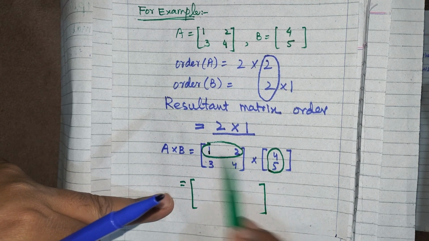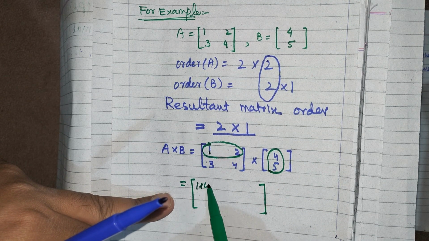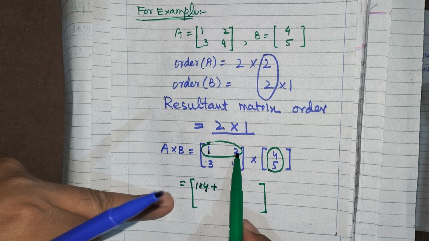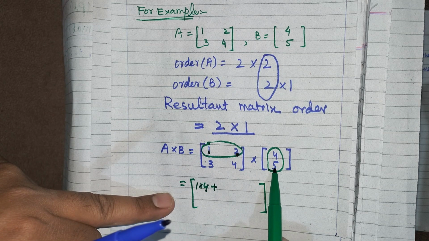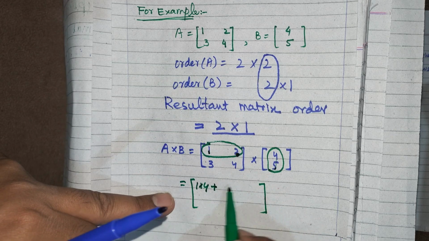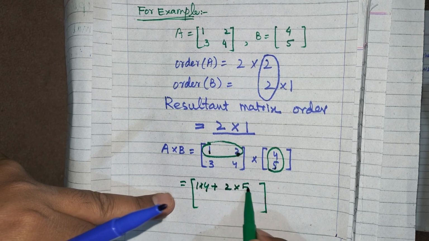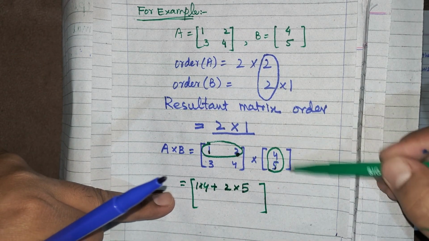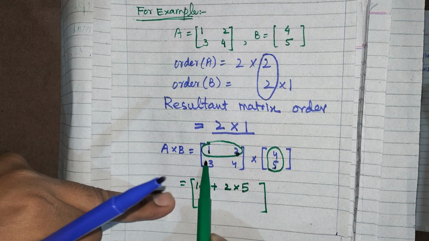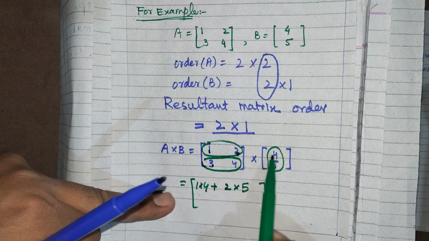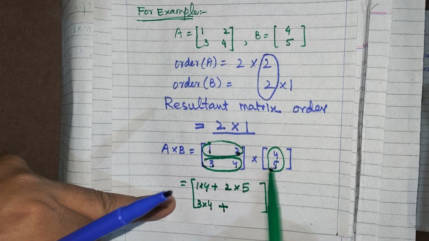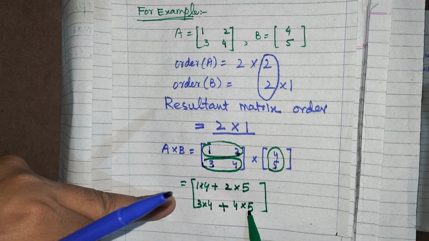So 1 multiplied by 4 plus the second entry of the first row multiplied with the second entry of the first column of the second matrix, 2 by 5. As there is no other column here, we will go to the next row of the first matrix. Again, the same process is followed: 3 multiplied by 4 plus 4 multiplied by 5.